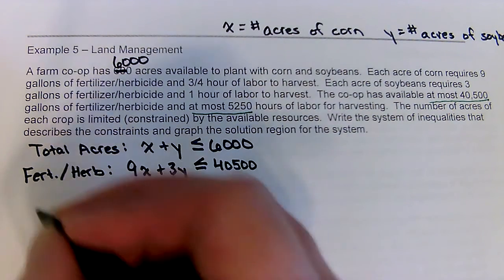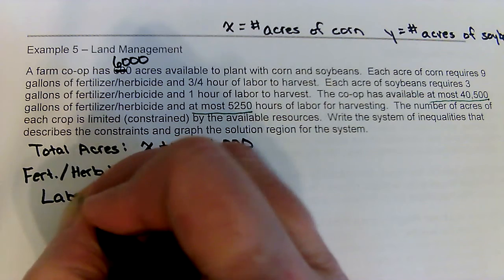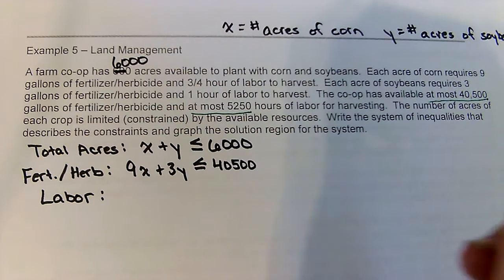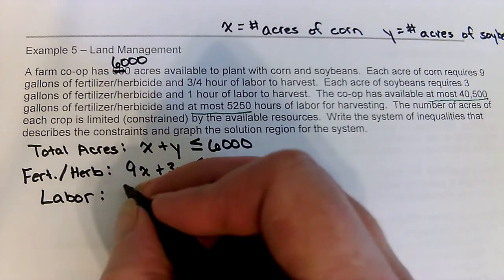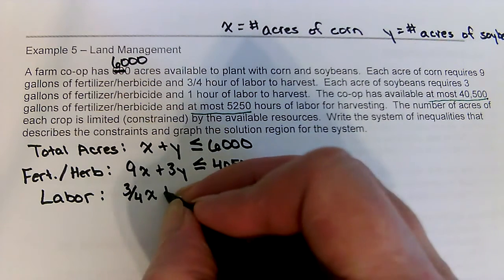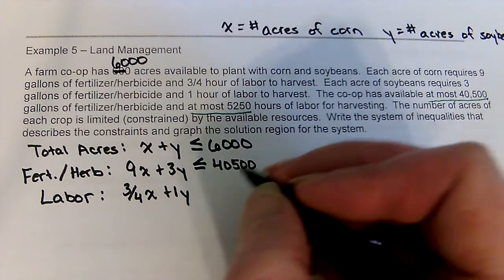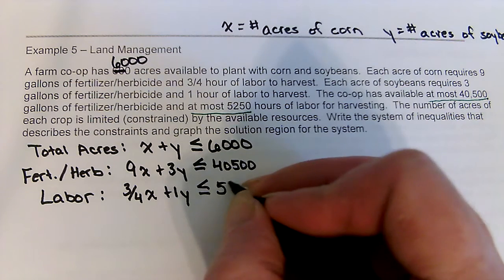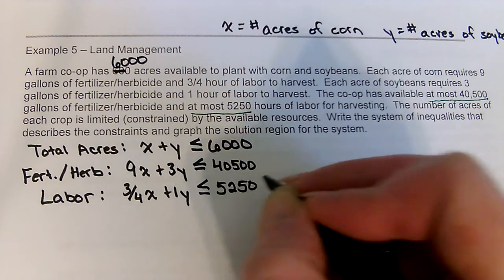Now, for the labor, it's 3/4 of an hour for each acre of corn and 1 hour for each acre of soybeans. And we have at most 5,250.